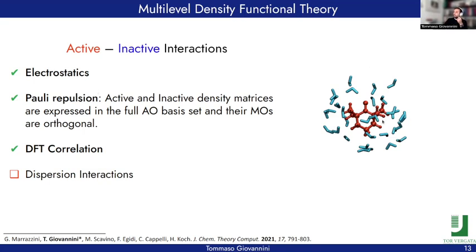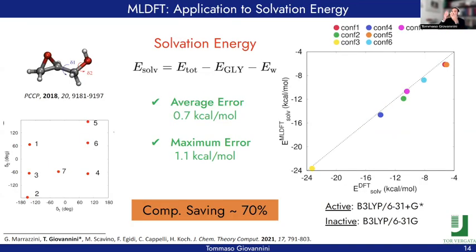And then you are also including a part of correlation between the active and inactive energies. Of course, what you miss is dispersion interaction. This is kind of obvious because in DFT you do not have any description of dispersion interaction, you need to include it.